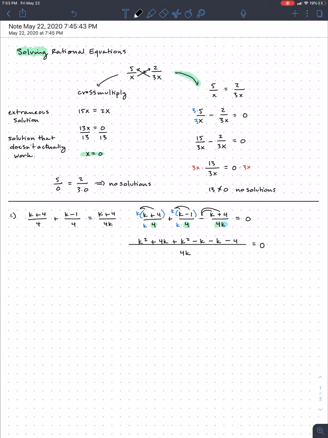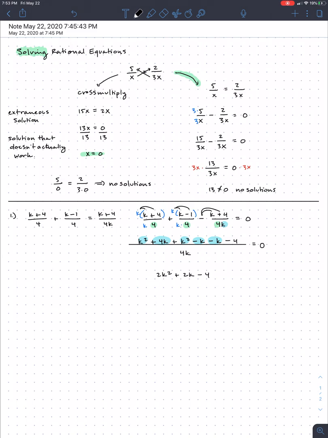So I'm going to simplify my numerator. I have k squared plus k squared. So that is 2k squared. I have 4k minus k minus k. So that is plus 2k. And then I have a minus 4.